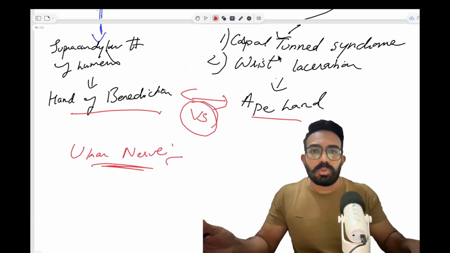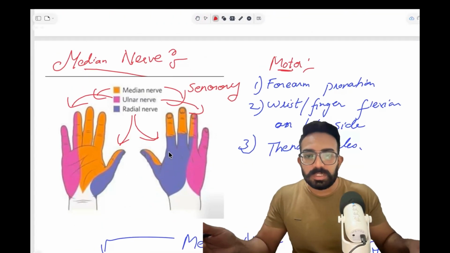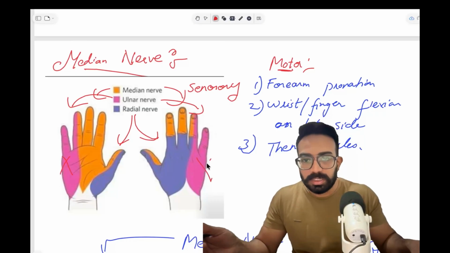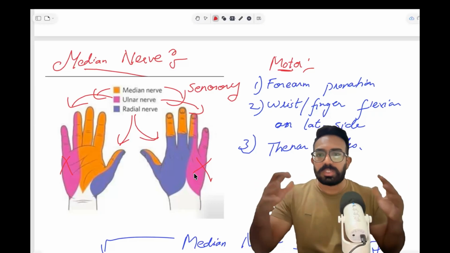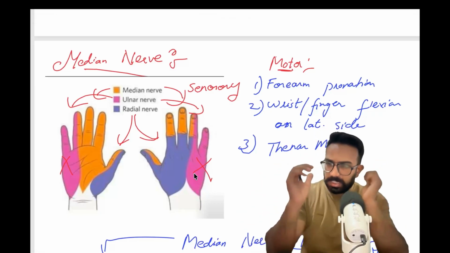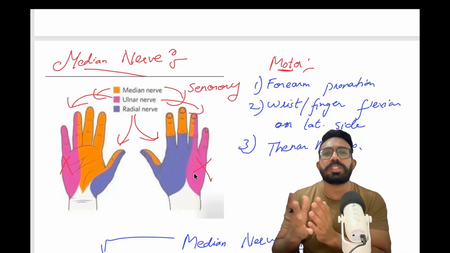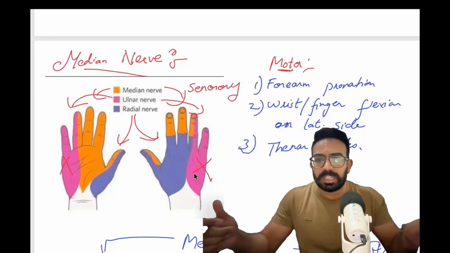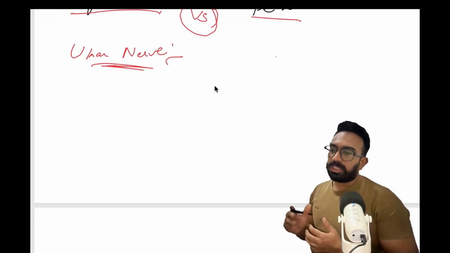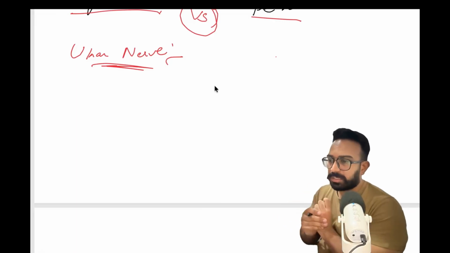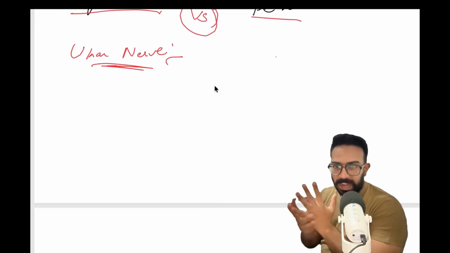Now, if you scroll and see this picture, you already know which sensory supply will be lost. There's going to be loss of sensation over here if there's ulnar nerve injury. Really, this diagram is really high yield. It's given in all the textbooks and in First Aid, so you cannot afford to forget this. Now, coming to the motor supply, it supplies the muscles of the hand.